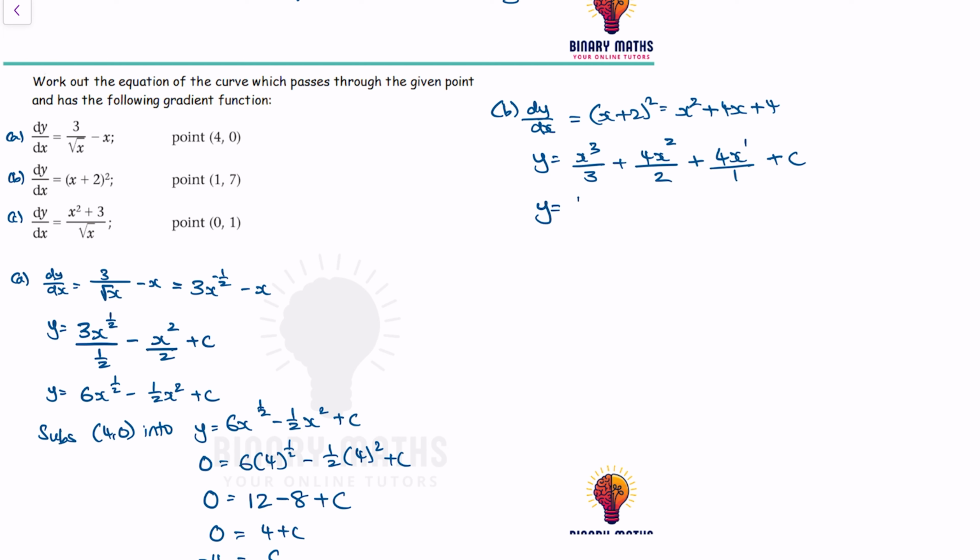All you need to do is simplify it, which gives me a third x cubed. 4 divided by 2 is 2x squared, plus 4x plus c.